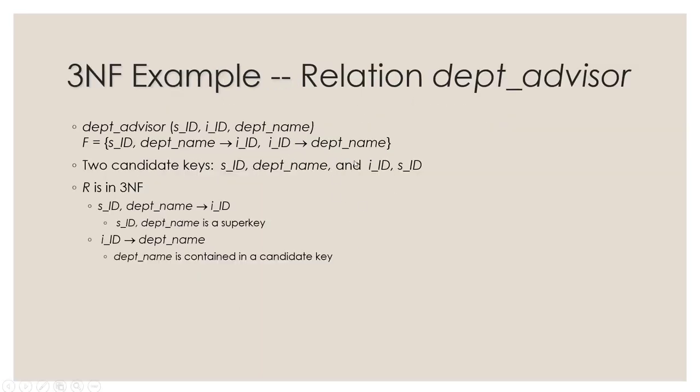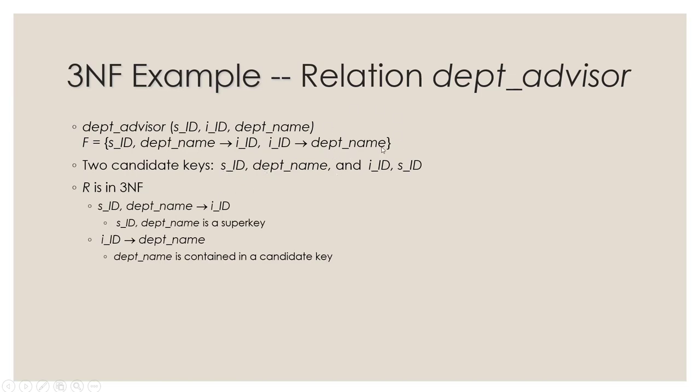The right-hand side, which is department name, has to be prime, meaning it has to be part of a candidate key. We have two candidate keys here. Is department name part of this candidate key? Yes, it is, because we have department name here. So department name is contained in a candidate key.